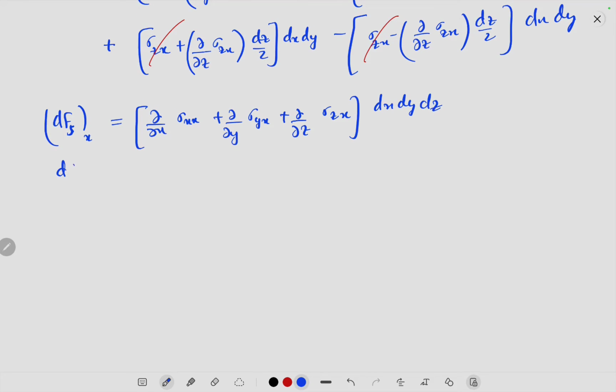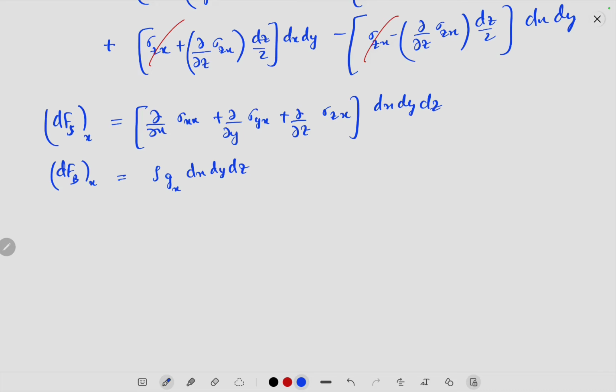And the body force along x-axis, since it is because of gravity, I can write as rho gx times dx dy dz.